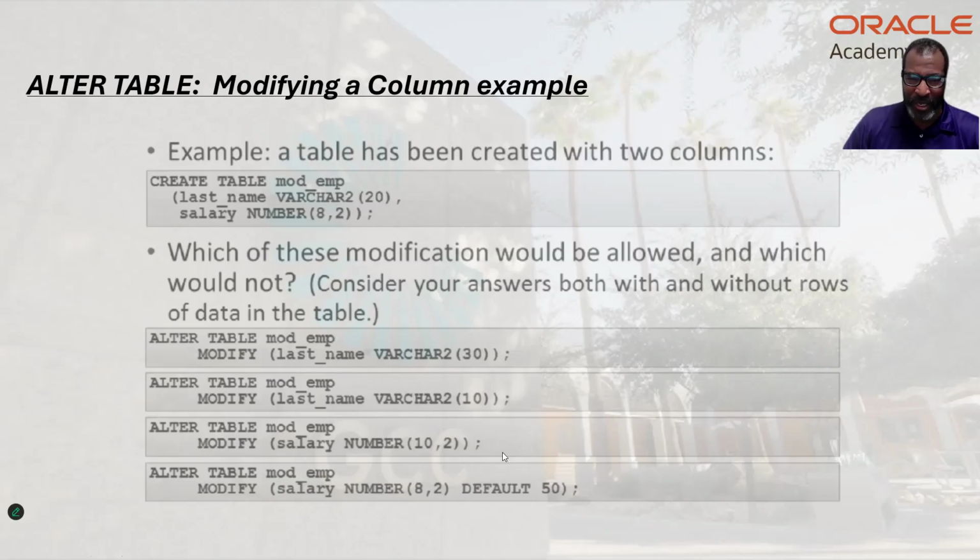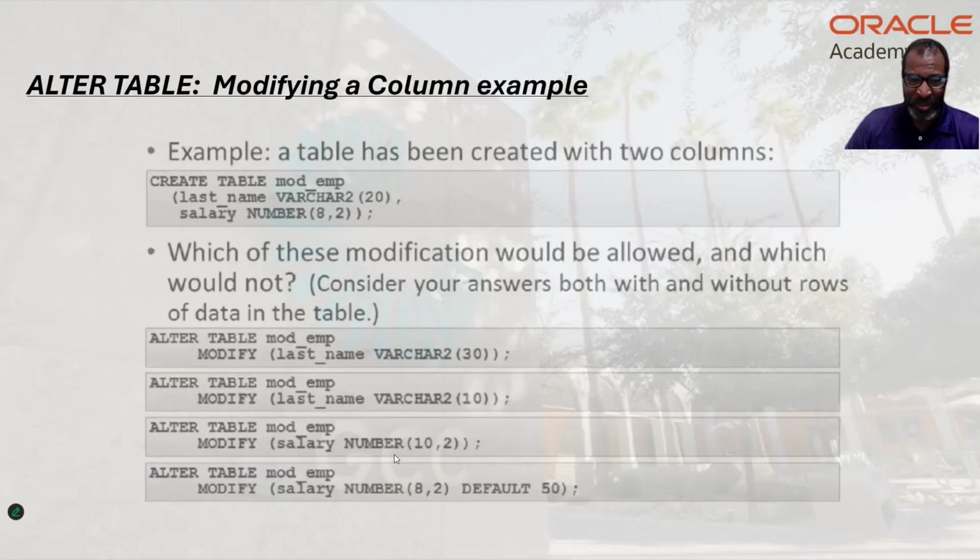So if there is data, then we have to concern ourselves with the size of the last name, right? Usually the last name is not more than 30. None of your names, or my name, is more than 30, but I'm certain there are names that are larger than 10. So this one would be questionable, the second one. And the numbers, it really depends.